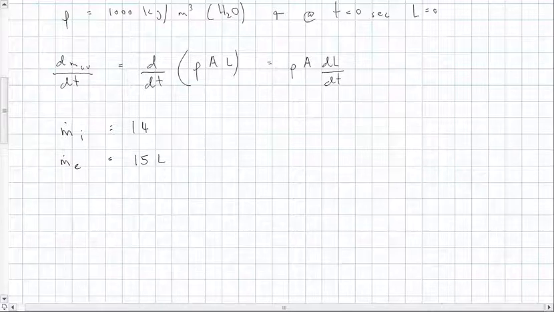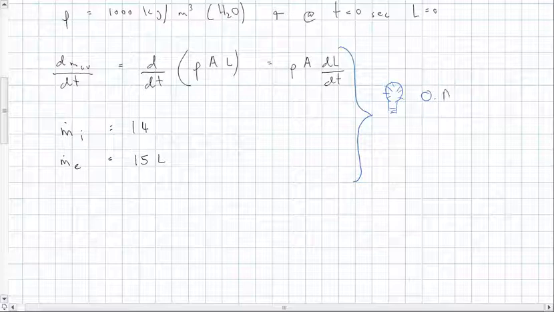Right away, I think a light bulb should be going on. It basically says we're going to look to create an ordinary differential equation of L as a function of t, and probably a few other parameters.